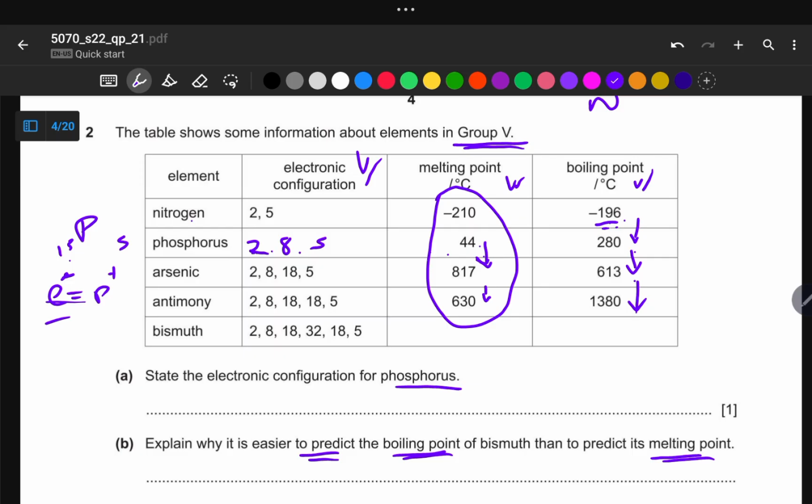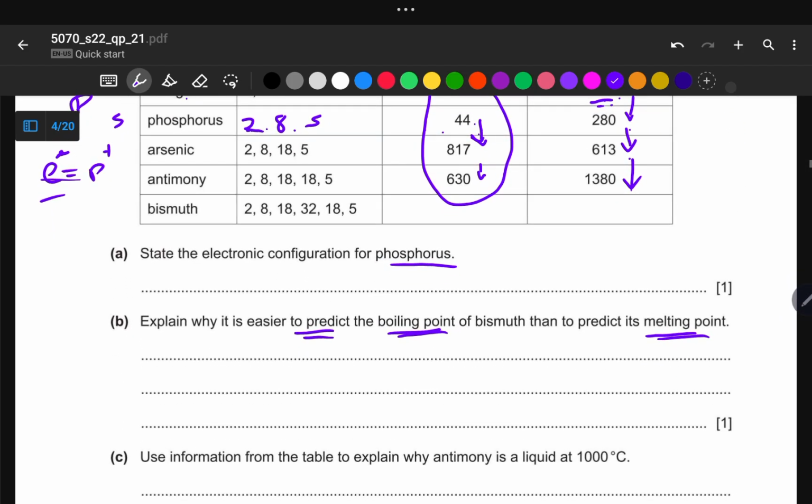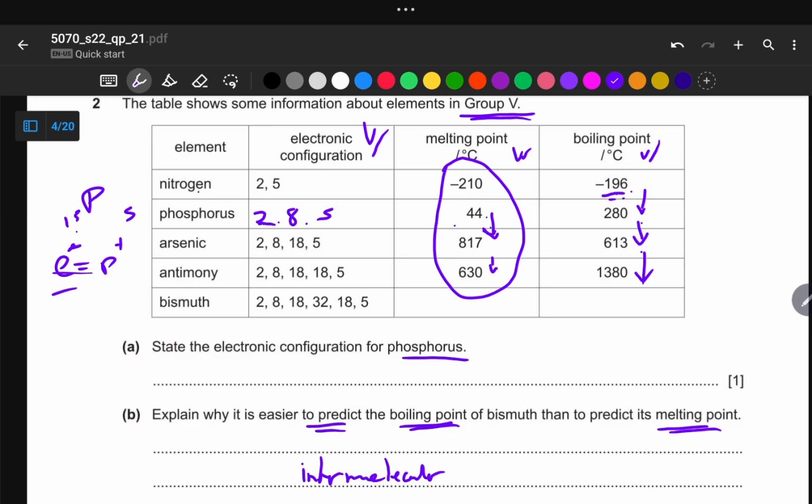We explained that in the topical series, where we said the factors governing the physical properties are the intermolecular forces. These are the forces which hold the molecules or particles in the lattice structure. The strength of these forces is what governs the boiling point.